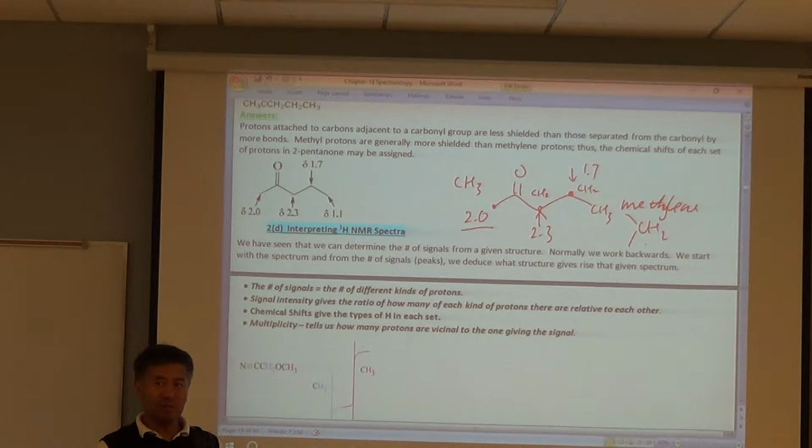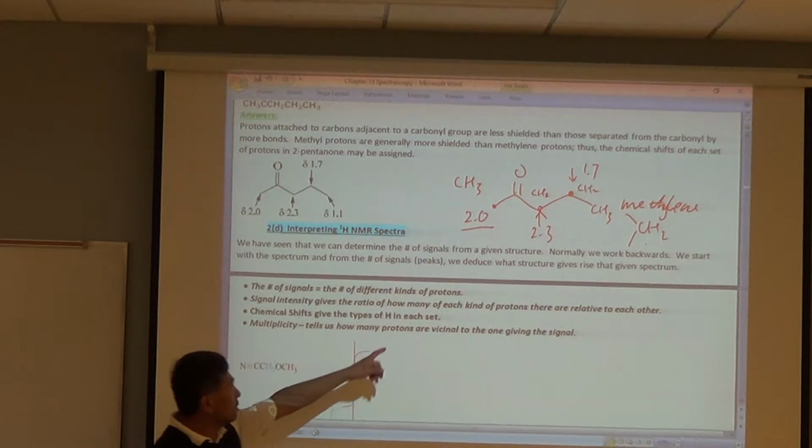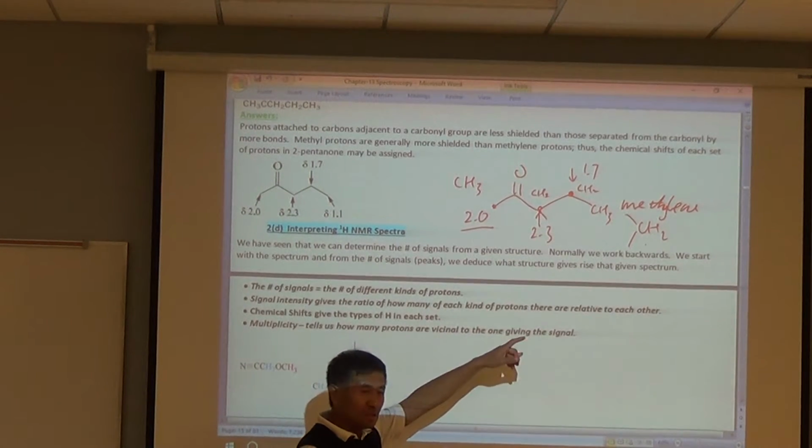It increased from 0.9 to 2.0 because of the carbonyl. The carbonyl has oxygen on it, which pulls the electron away and makes this methyl de-shielded.